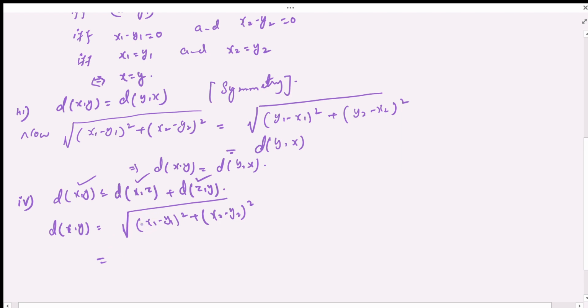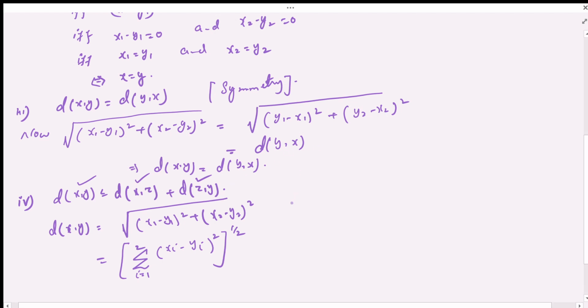I will write it in summation form: the sum of (xi minus yi) whole square, where i runs from 1 to 2, because when you put i equal to 1 you get this term, then plus, putting i equal to 2 you get this term. But there is a root also, so I just need to put an overall power of 1 over 2. Is it okay? I hope you got this point.